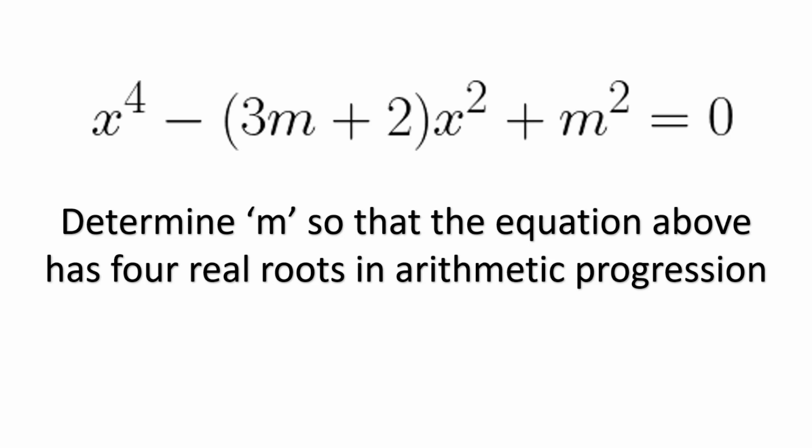But if we actually look at our equation itself, it's a quartic, and not only is it a quartic, we only have x to the 4, x to the 2, and then our constant, which means we can substitute. We could say let x squared equal y, and suddenly we have y squared minus (3m plus 2) y plus m squared equals 0.